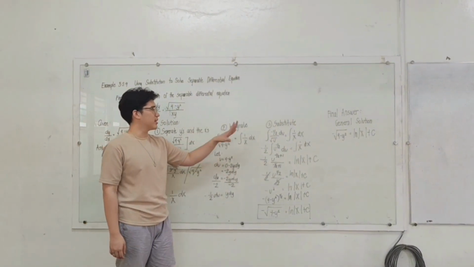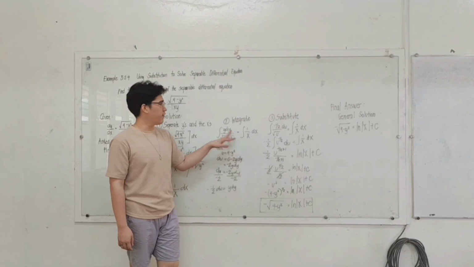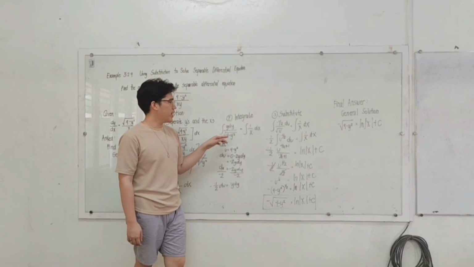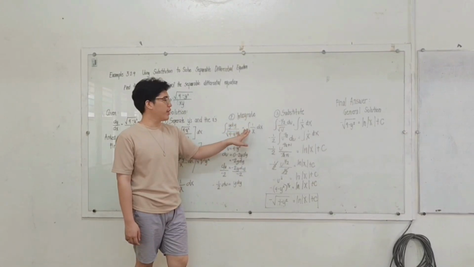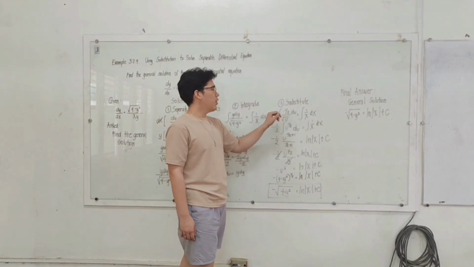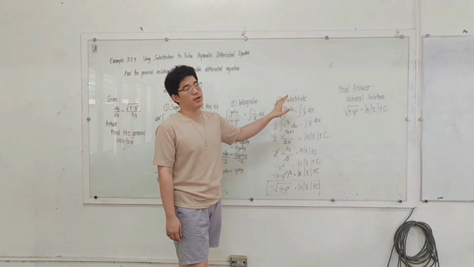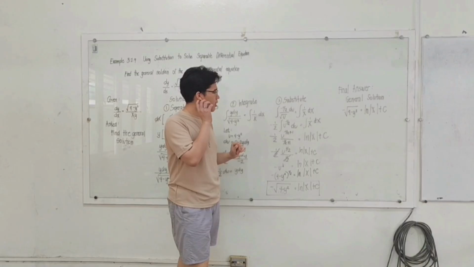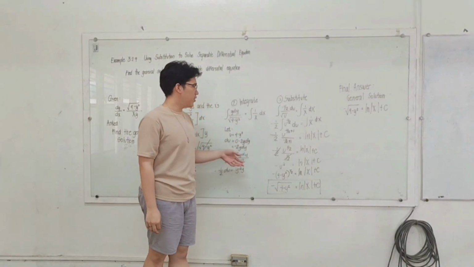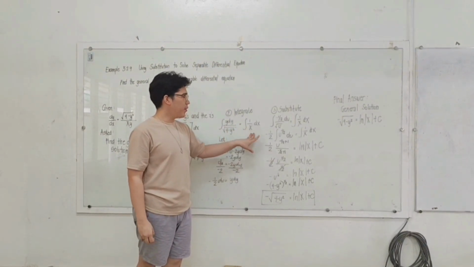We now substitute it. So from the original equation, the integral of y dy all over the square root of 4 minus y squared is equal to the integral of 1 over x dx, it will become the integral of negative 1/2 over square root of u du is equal to the integral of 1 over x dx. So now we integrate using the power rule.